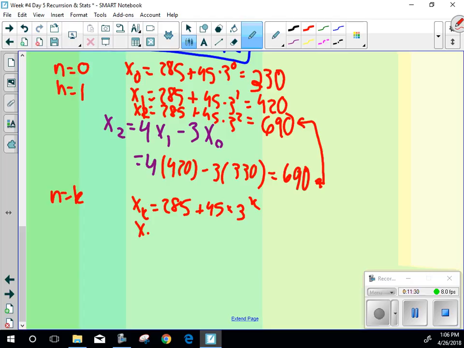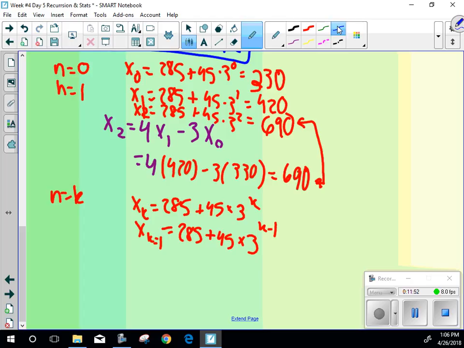What will x of k minus 1 be? X of k minus 1. What will that be? 285 plus 45 times 3 to the what? K minus 1. Good.